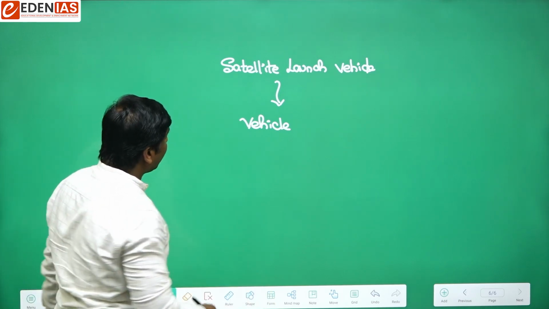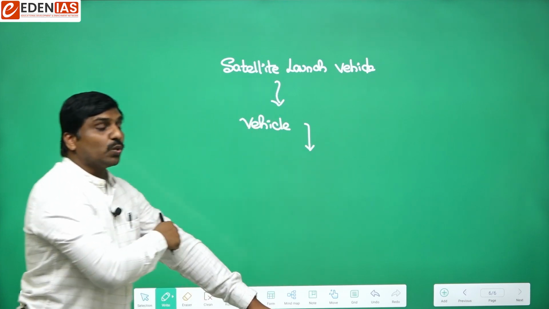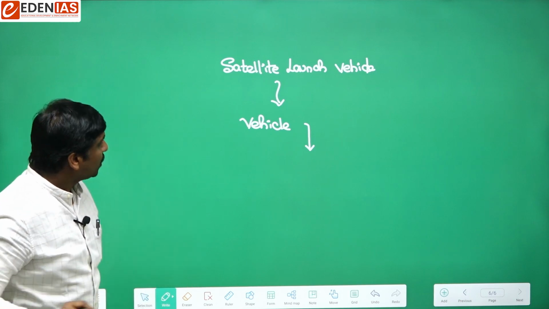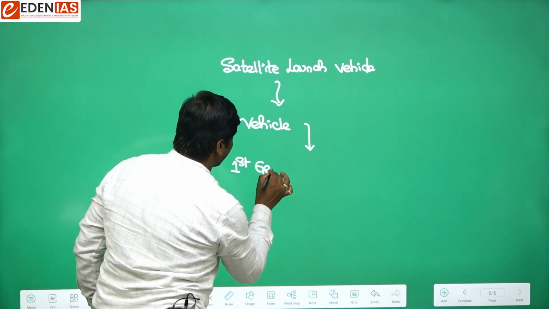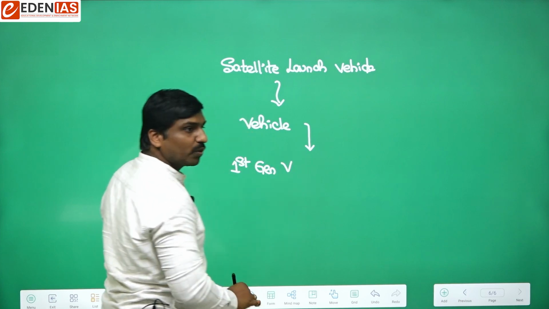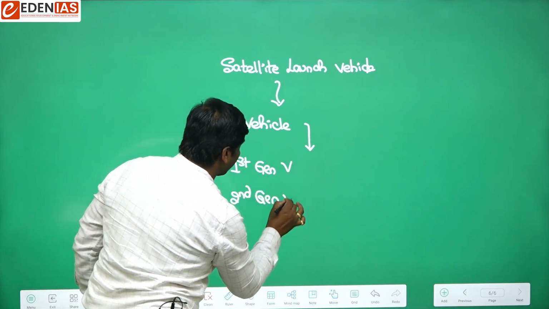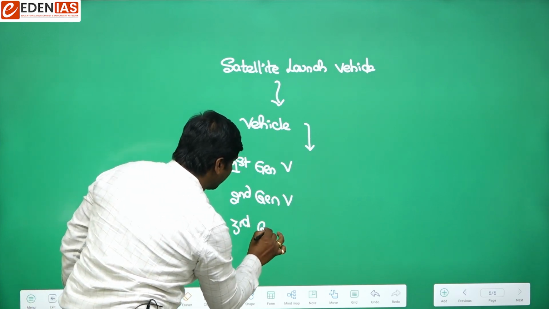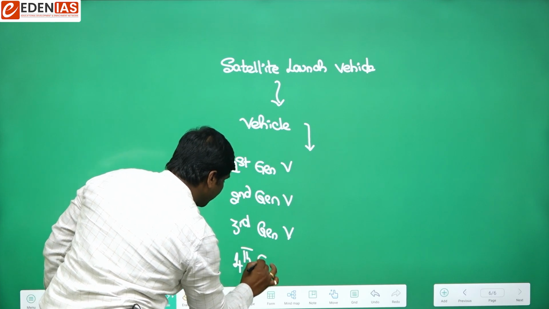From the Indian perspective, we have different types of launch vehicles. There are first generation vehicles, second generation vehicles, third generation vehicles, and also fourth generation vehicles.